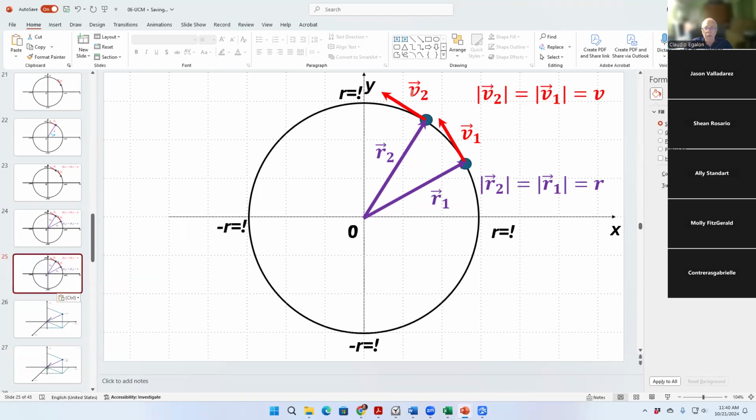I'm going to transfer here V1 and V2, okay? The angle that those two vectors R1 and R2 make is equal to the angle that those two other vectors make with each other. Okay?